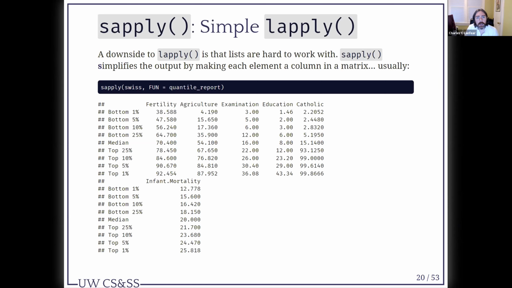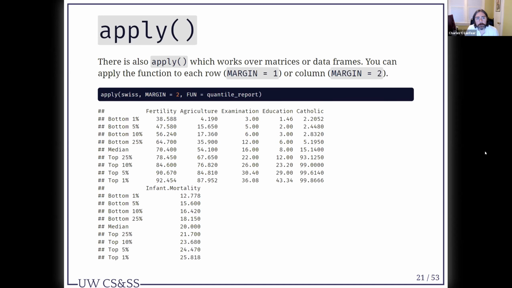Okay. So in addition to lapply and sapply, there is also a general apply function which works over matrices or data frames. And you can tell apply the margin you want it to operate over. That is, you can say I want it to operate over rows, margin equals 1, or I want it to operate over columns, margin equals 2.